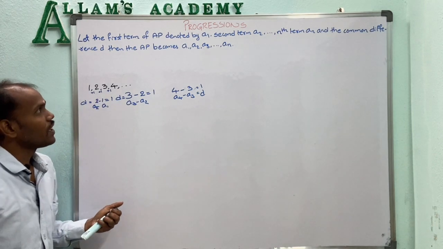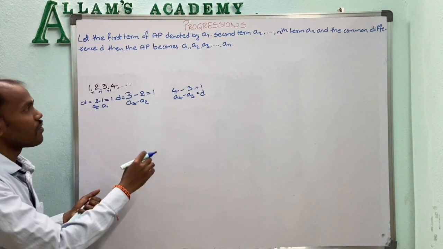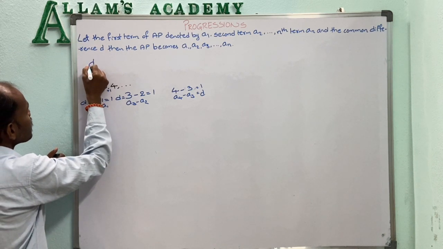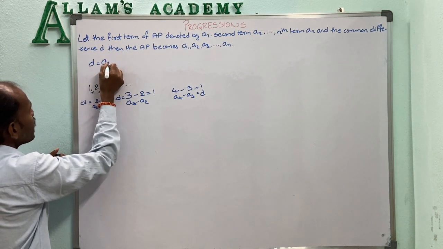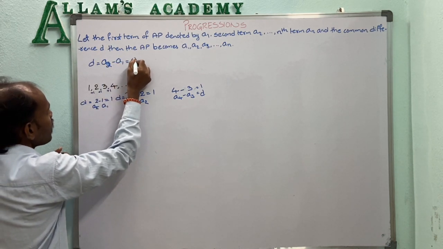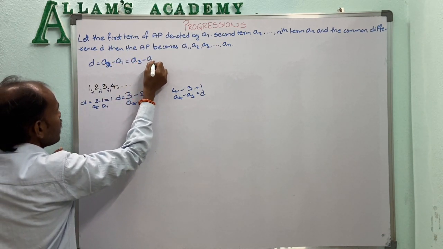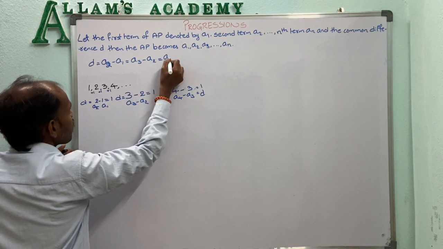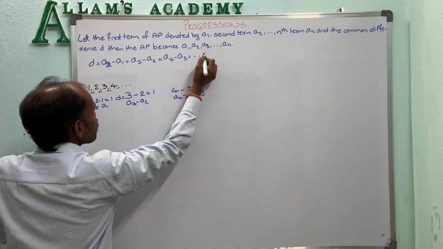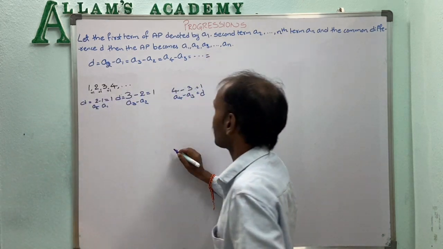So the common difference D is equal to A2 minus A1, which is equal to A3 minus A2, which is equal to A4 minus A3, and so on.